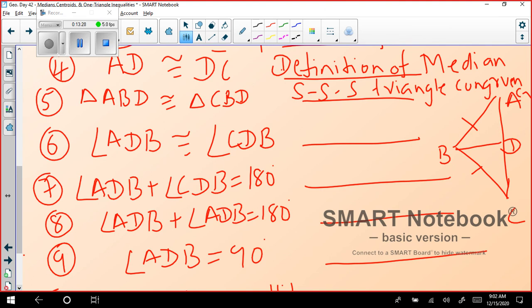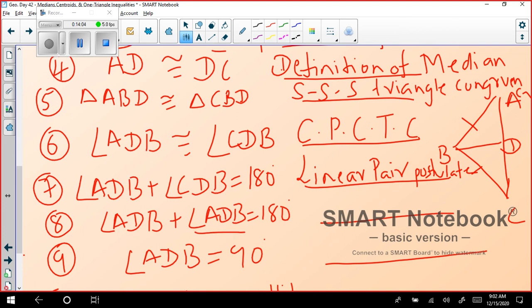Next we have angle ADB is congruent to angle CDB by CPCT, corresponding parts of congruent triangles are congruent. And once again, angle ADB and CDB will add to 180 degrees. We know that is the linear pair postulate. And here in step 8, I'm just substituting CDB equals ADB from step 6.